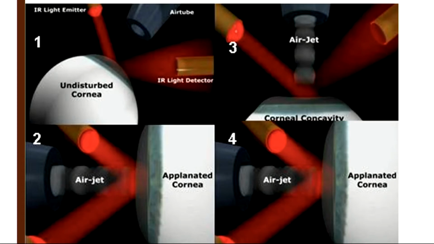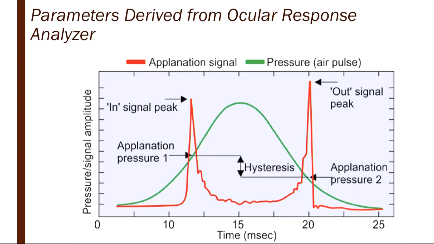The cornea is applanated roughly 3 millimeters. What happens is there is an air tube which fires the pressure onto the cornea, and only when the cornea is applanated is the signal strength of the light, this infrared light, going to be maximum. Right now it is spreading, so once it is applanated, the signal strength goes up, and then the cornea moves down further, and the air jet decreases in intensity, and it is coming back again, and then the signal strength is again going to be maximum, and then it goes back to its normal state. So this is the crux of the graph which we get to study the corneal biomechanics.